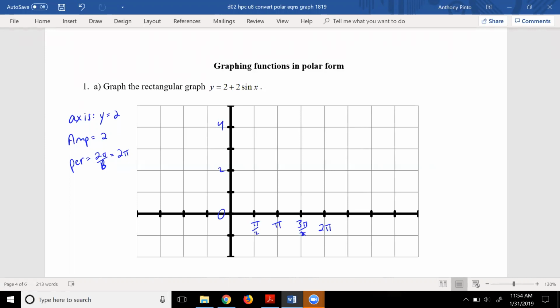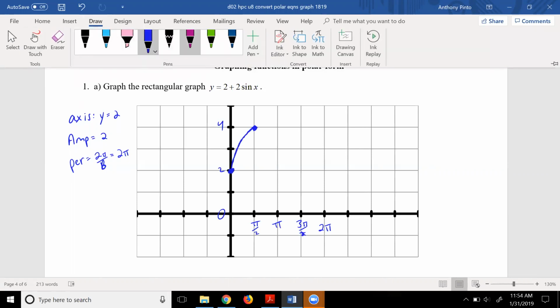Then we add 2, and we are at that point right there. When x is equal to pi over 2, we get sine of pi over 2, which is equal to 1, times 2, which is 2, plus 2, we're up at 4. So this first part of the graph goes like this.